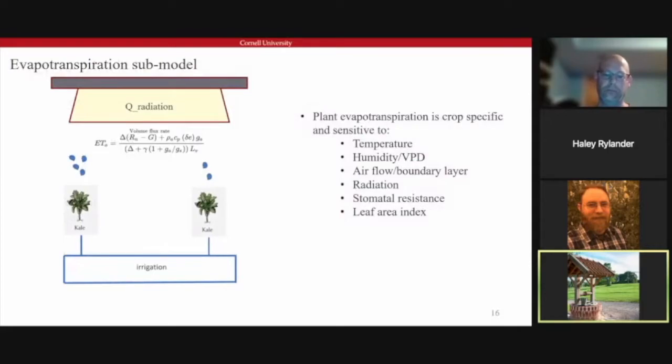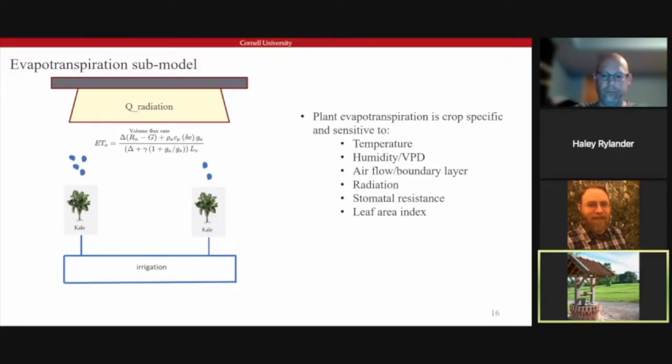Another component to the energy model is the evapotranspiration submodel. Plant evapotranspiration will affect the conditions in the space, and it is sensitive to the temperature, the humidity or vapor pressure deficit, the airflow in the space, which determines the boundary layer thickness on the leaves, radiation, stomatal resistance, leaf area index, and I think there are others, but it's sensitive to a lot of variables.